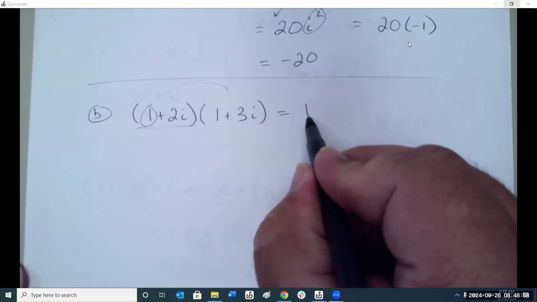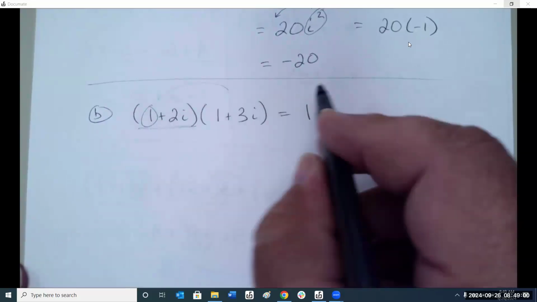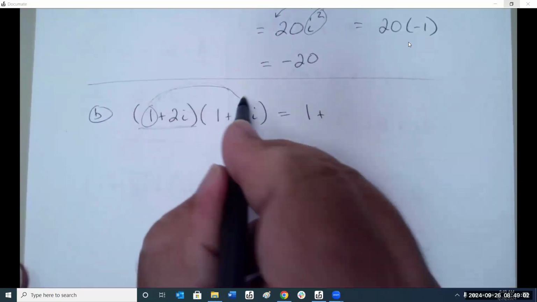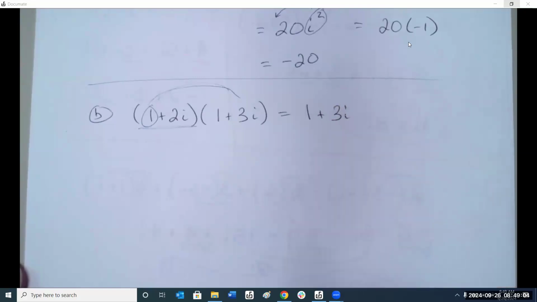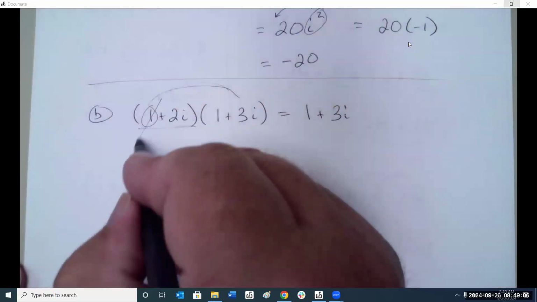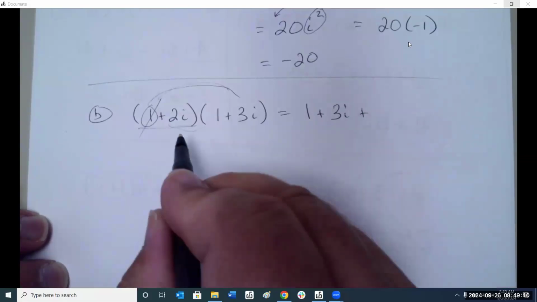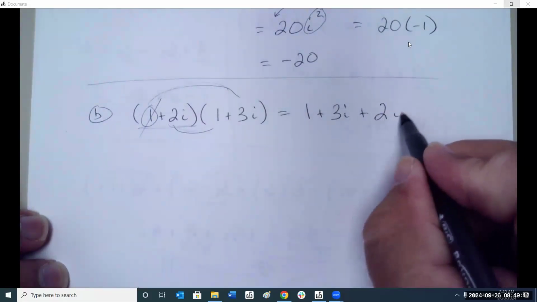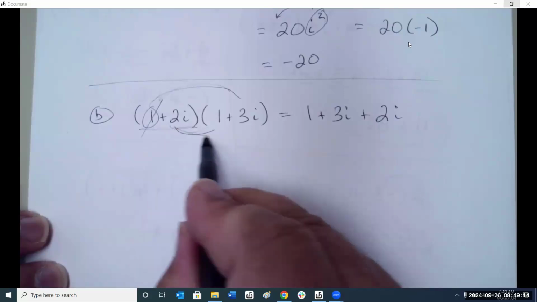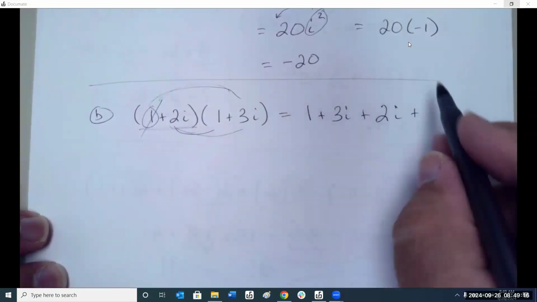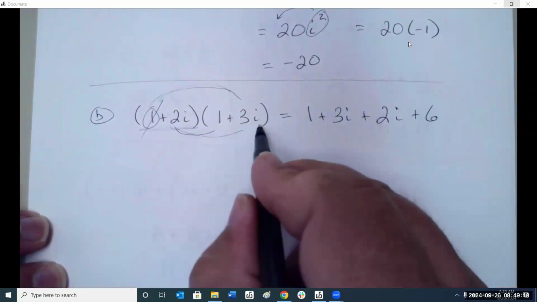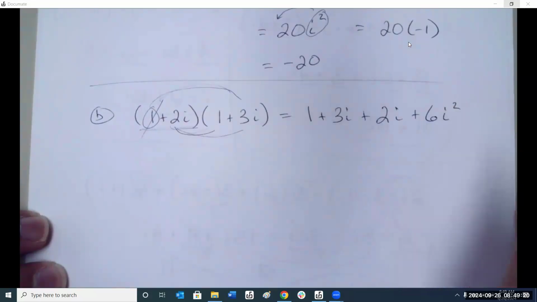1 times 1 is 1. Positive times positive. 1 times 3 is 3i. That one's finished. Positive, positive, they're all positive. So 2 times 1 is 2i. 2 times 3 is 6, i times i is i squared.